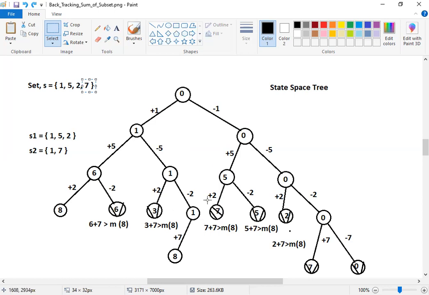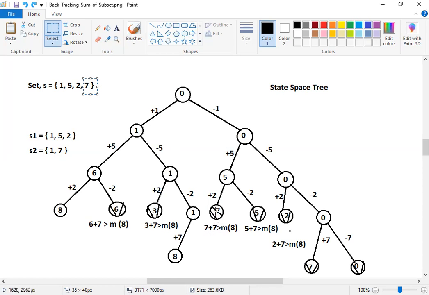Now see here what will happen. Now I am at this particular child node, that is 7. If I want to include this 7, then the left child of the 7 is going to be 7 plus 7, that is 14. But that 14 is greater than the m value given in this problem.